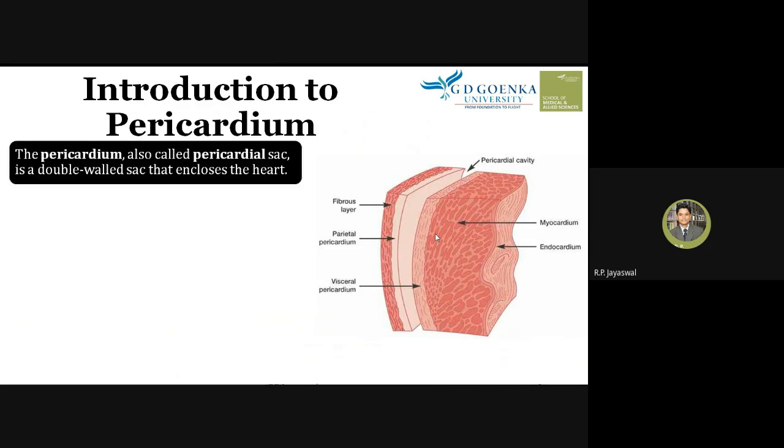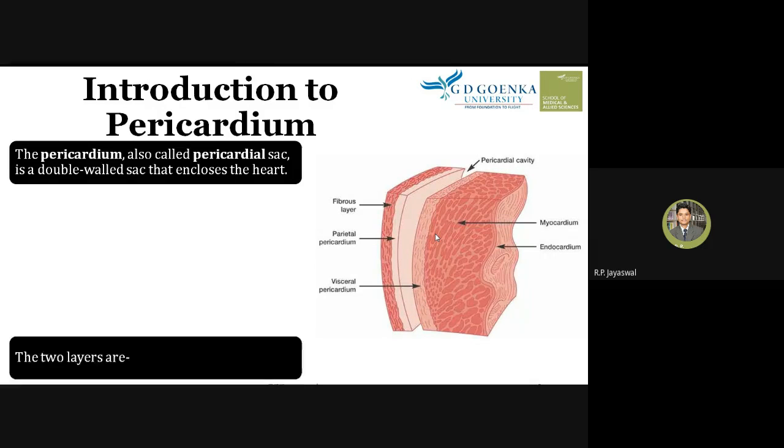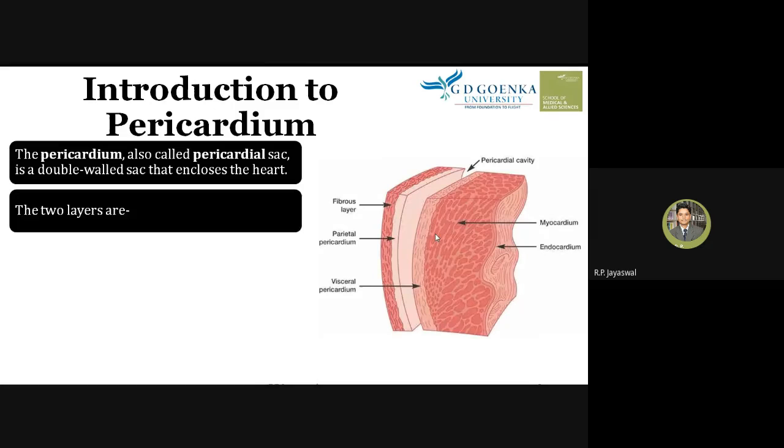Pericardium is also called the pericardial sac, which is a double-walled sac that encloses the heart. The two layers of the pericardium are the fibrous layer and the serous layer.